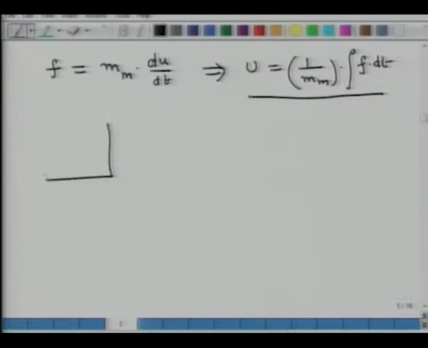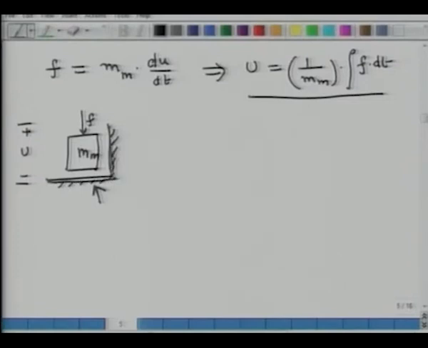And how do I depict it? So this is my mass. I have a through variable f, and the cross variable is u, which is velocity. This is the inertial frame.